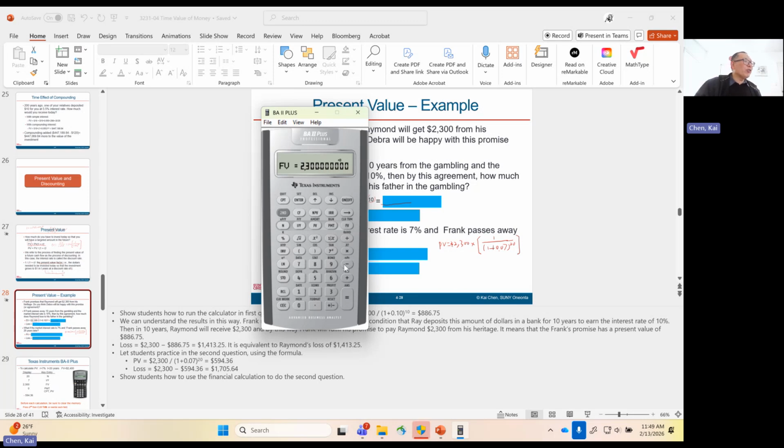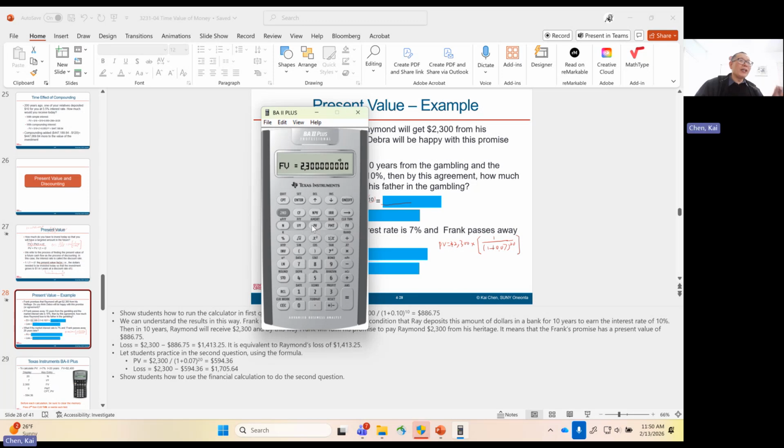After we input the information, we click compute, then click the present value. Before I click the present value key, I want to ask you a question: what is the sign of the number on the screen? The number on the screen will show us the present value.